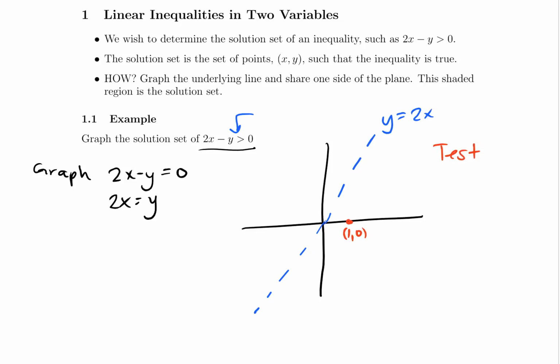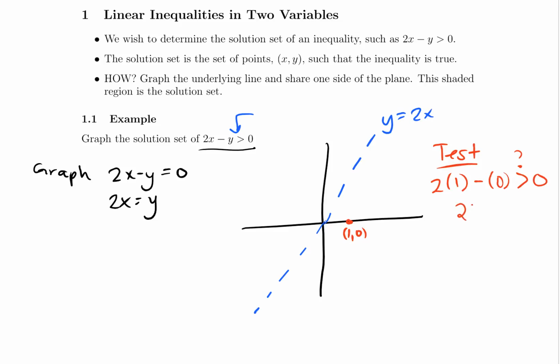So I'm testing my point. I'm going to take 2 times the x value, so 2 times 1, minus the y value of 0. Is this greater than 0? If this is true, then we'll shade in everything on the right side of our diagonal line. If it's false, then the points on the other side of the diagonal line have to be the solution.